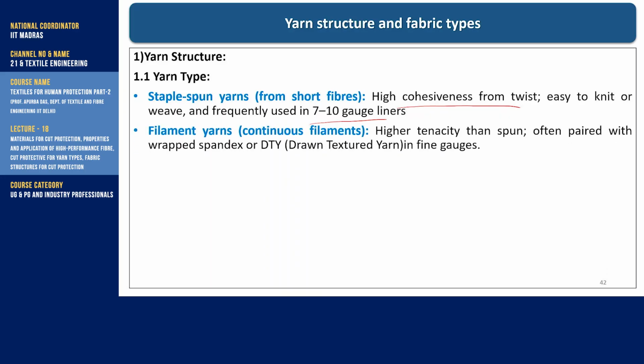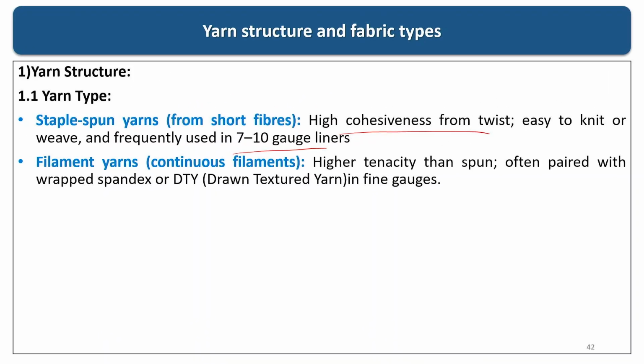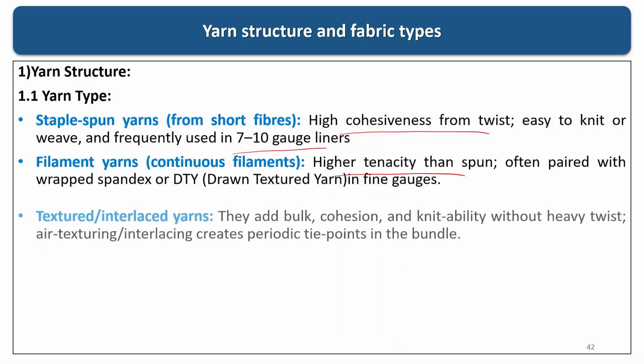Filament yarns are also used, which are basically continuous filaments with higher tenacity than spun yarn. They are often paired with wrapped spandex or FDY, DTY, drawn textured yarn, in fine gauge.